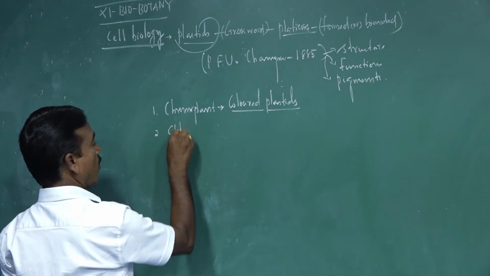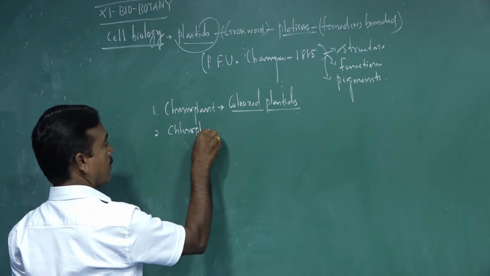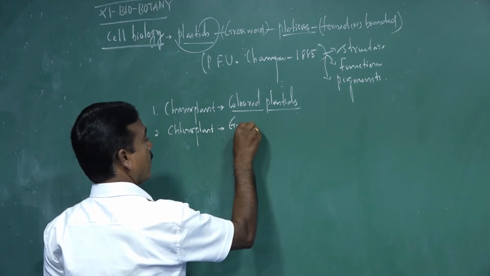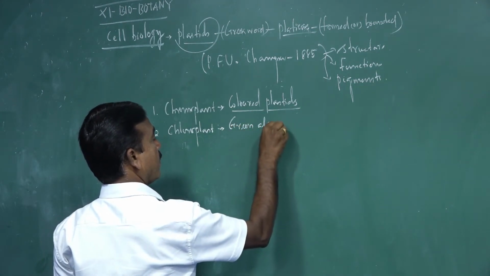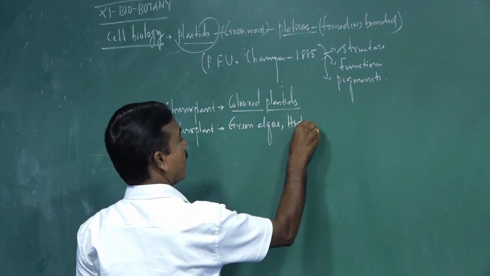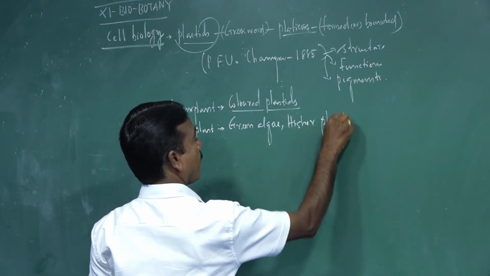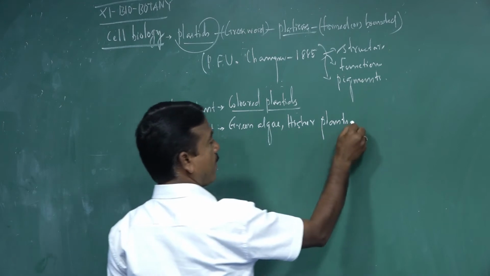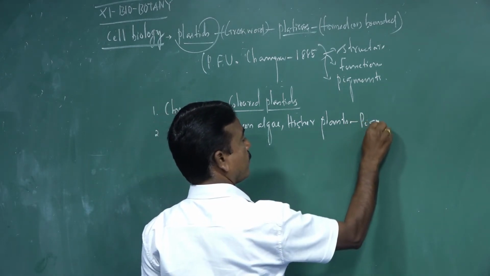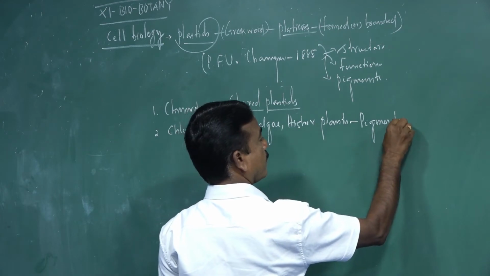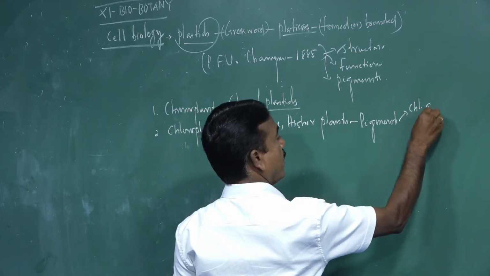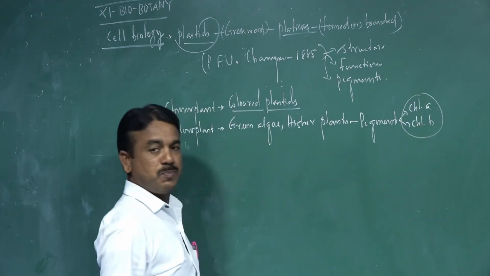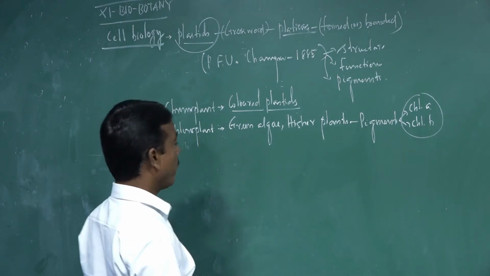Second, chloroplast. These plastids are generally found in green algae and higher plants. The pigments that occur in the chloroplast are chlorophyll A and chlorophyll B. Those two kinds of pigments must occur in chloroplast.